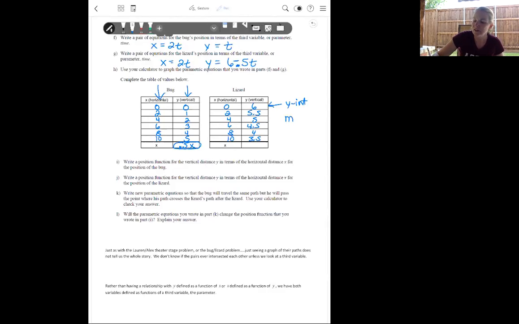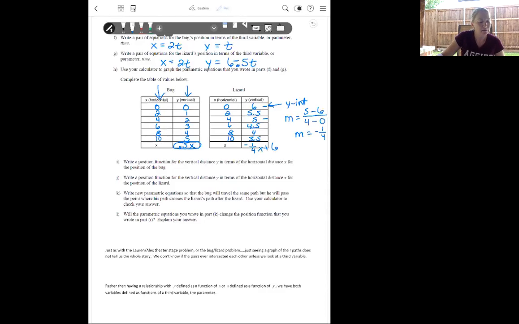In order to find the slope, pick any 2 points, y2 minus y1 divided by x2 minus x1. So if I picked my y-intercept and the next whole point, y2 is 5 minus y1 is 6, divided by x2 is 4, minus x1 is 0. Well, we end up with a slope of negative 1/4. So if I write that equation, it's negative 1/4 x plus my y-intercept of 6.